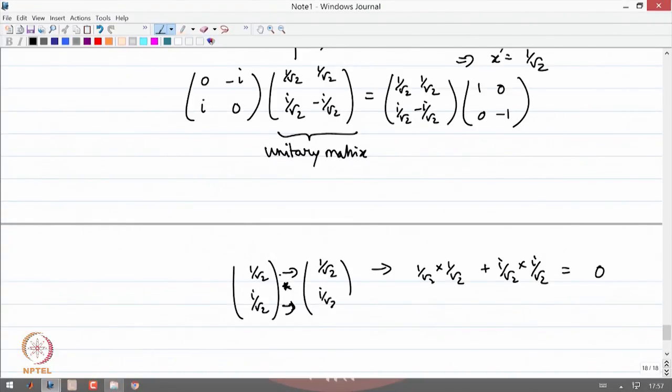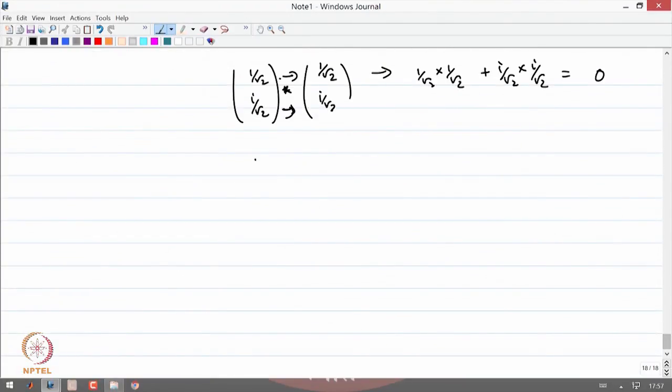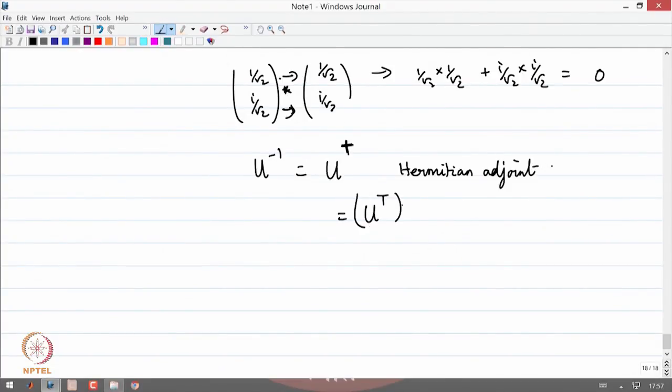Therefore, this being a unitary matrix, what is its inverse? U inverse is U dagger, which is the Hermitian adjoint. If it is a Hermitian adjoint, this is nothing other than U transpose star. So U is 1 by root 2, I by root 2, 1 by root 2, minus I by root 2.